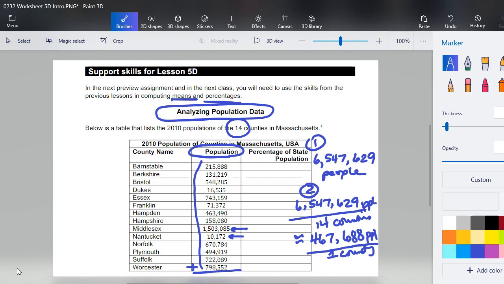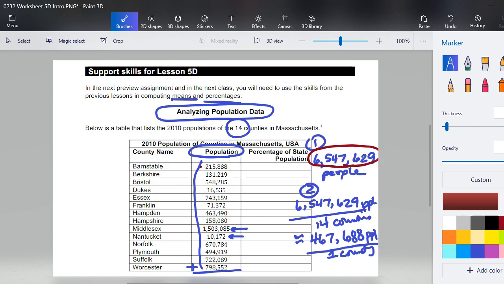Starting with our very first county, which is Barnstable, I'm going to take the 215,888 people and divide them by 6,547,629 people.